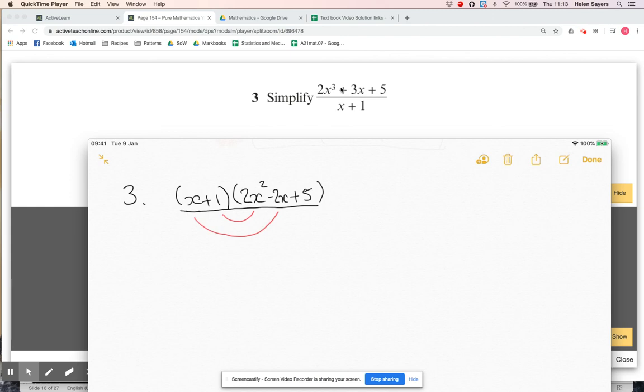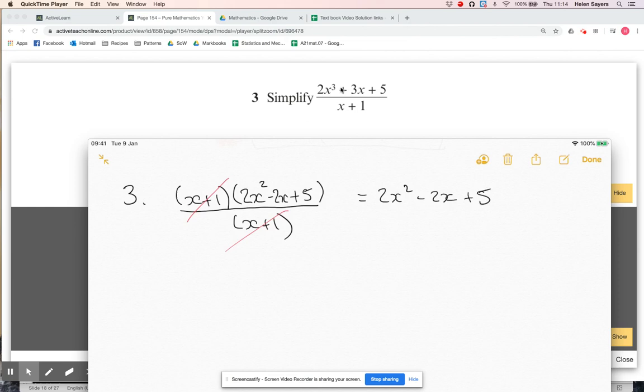The 1 times 2x squared will give me 2x squared. The x times minus 2x will give me minus 2x squared. So my x squared term would be 0x squared. So job done. That's probably the quickest way of factorizing that numerator. And then the denominator was x plus 1, so they can cancel. So we end up with 2x squared minus 2x plus 5.